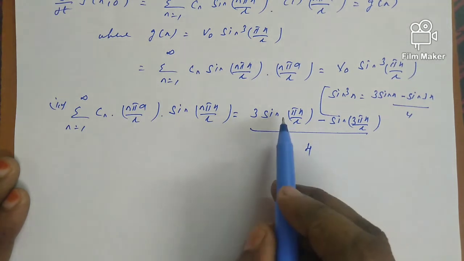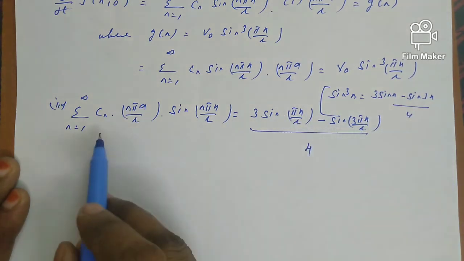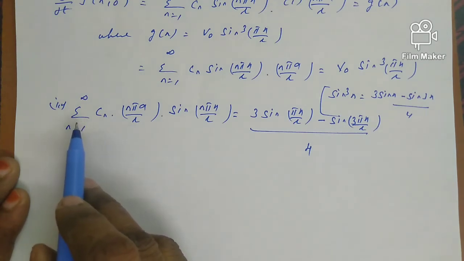Here we have only two terms, that is sin(πx/L) and sin(3πx/L). Here also we have n terms, so we can give values for n on the left hand side.